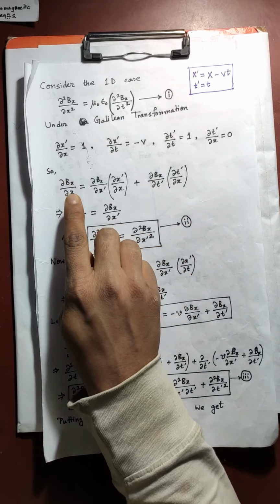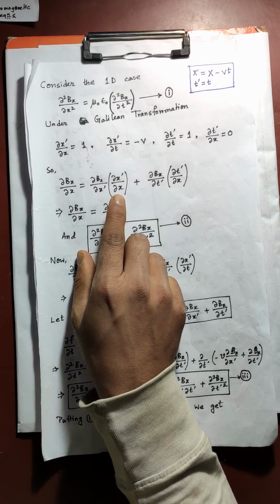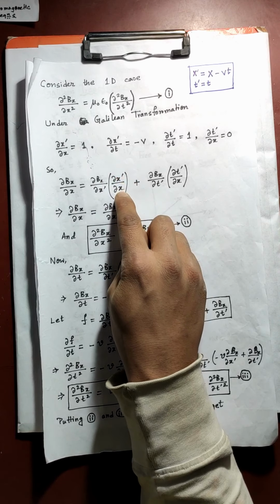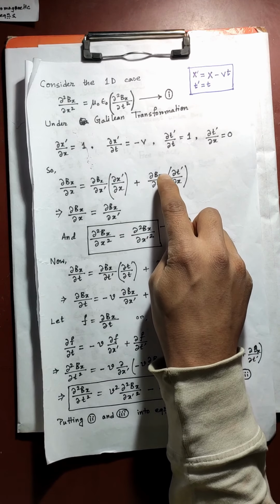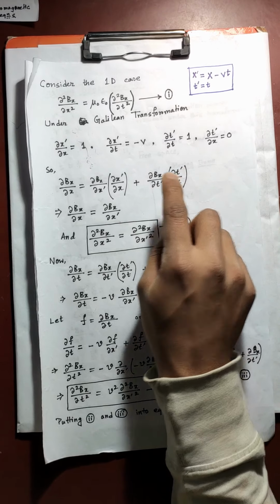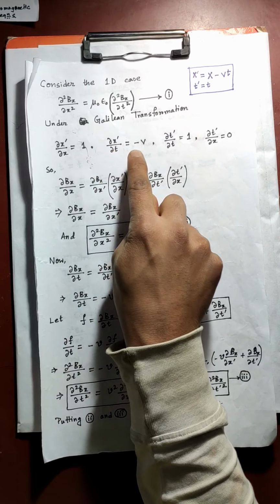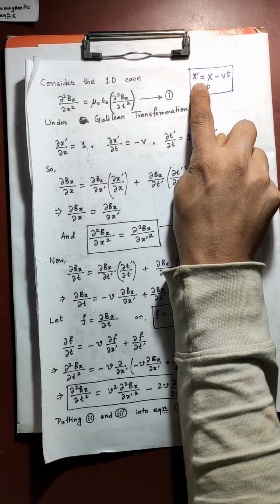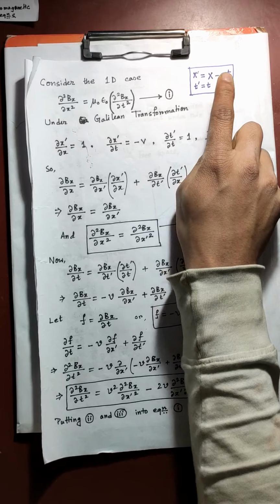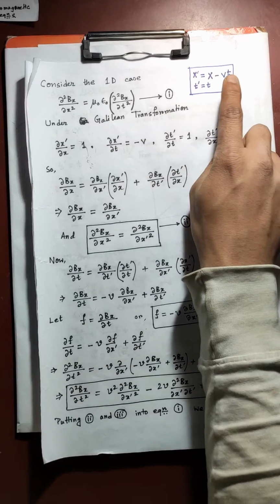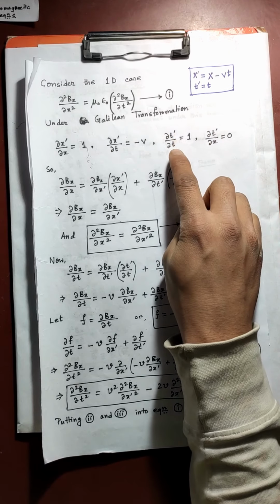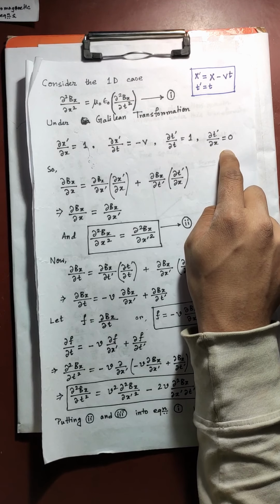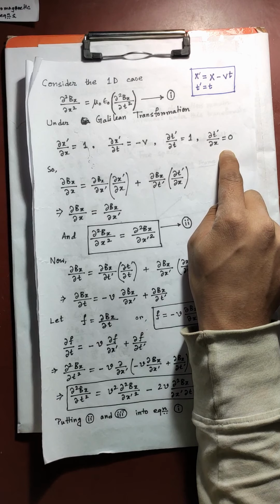So del x of Bx, using the chain rule, I am writing del x prime of Bx del x prime del x plus del t prime of Bx del t prime del x, and I am writing these four derivatives from here. It is very clear that del x prime of del x will be 1 and del x prime of del t will be minus v, del t prime of del t will be 1 and del t prime of del x will be 0, as t prime has no x dependence.